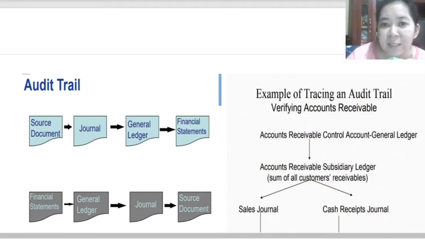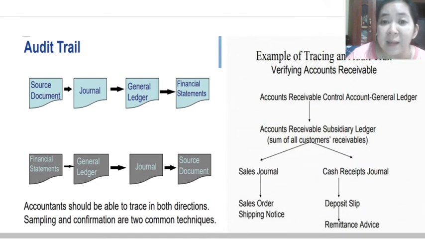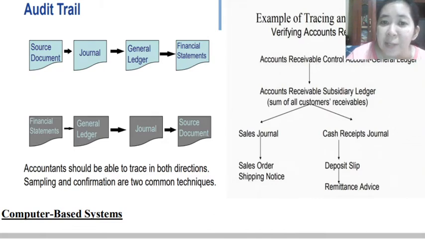Here is an example of tracing an audit trail. For example, we will verify the accounts receivable. So from the accounts receivable control account in the general ledger, we will look into the accounts receivable subsidiary ledgers. Basically, these are the sum of all the customers' receivables. From our ledger, we will locate the sales journal related to it, as well as the sales order or the shipping notice.